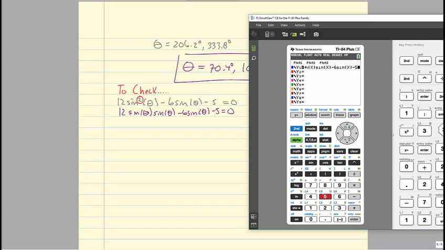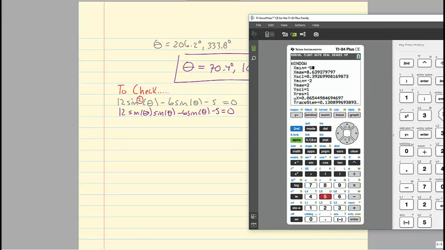So this is important. And then we want to go to our window, and remember I'm going 0 to 360 degrees here. So let's start at -5, let's say. And again, I'm in degree mode up here. And let's go to 375 because I want to be able to see a little bit on each side.